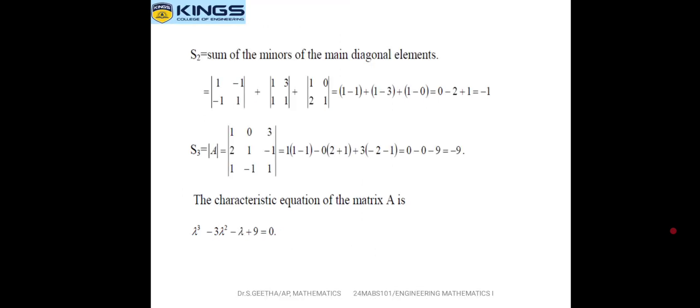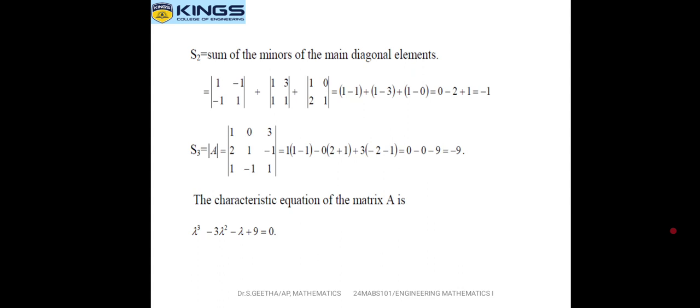And S2 is the sum of the minors of the main diagonal elements, which is equal to [1, minus 1; minus 1, 1] plus [1, 3; 1, 1] plus [1, 0; 2, 1], which is equal to minus 1. So, we have obtained S2 equal to minus 1. S3 is the determinant of the matrix.